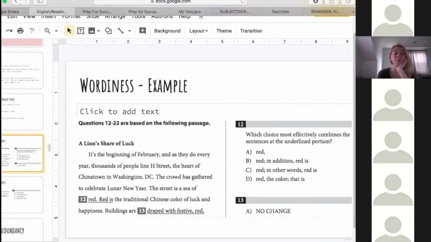Just keep in mind what topic we're on. It's a huge hint. Hint here: when in doubt, wordiness, shortest possible answer. Keep that in mind.